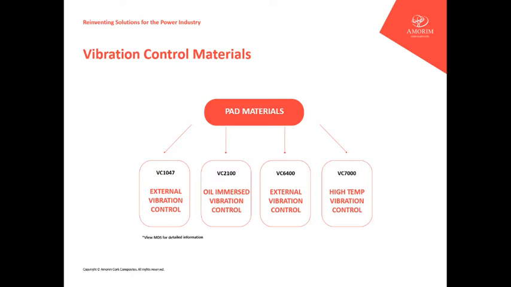We have VC7000, which is a high temperature resistance material typically used in dry transformers where high temperature resistance is needed. And then we have VC1047 and VC6400 used outside of transformer, being the VC6400 a premium one because it was designed to be in contact with the sunlight, with the rain, with excellent UV resistance.